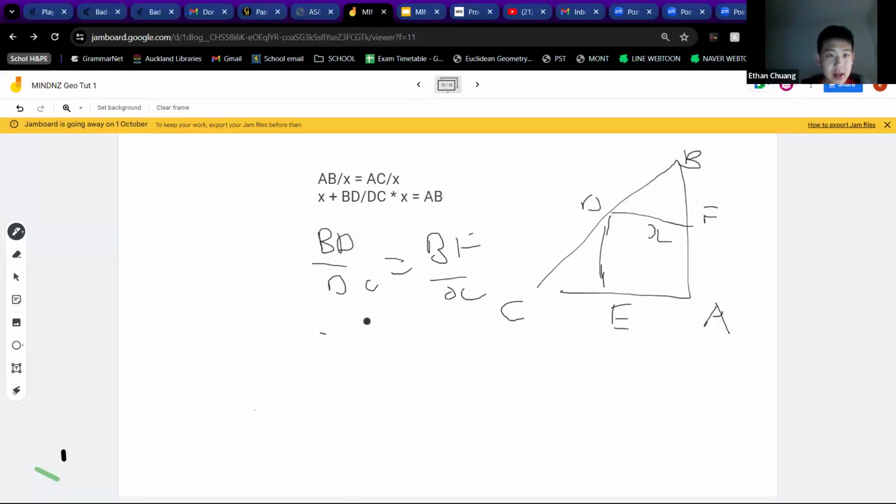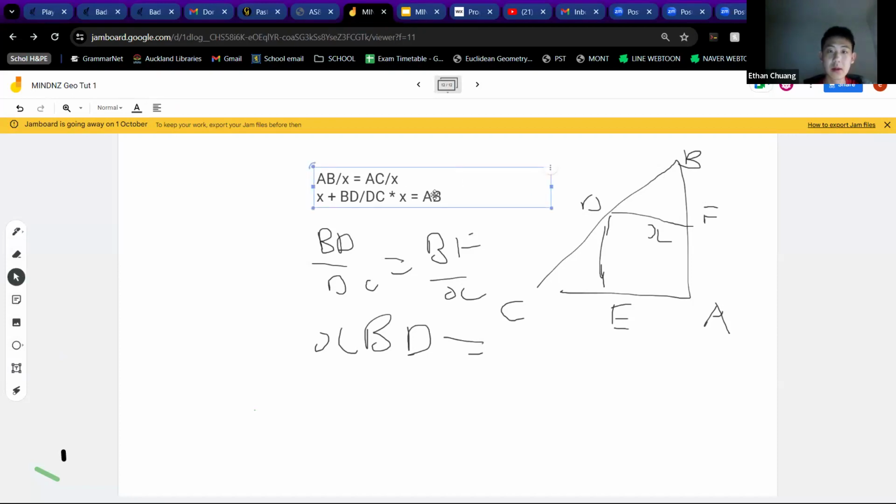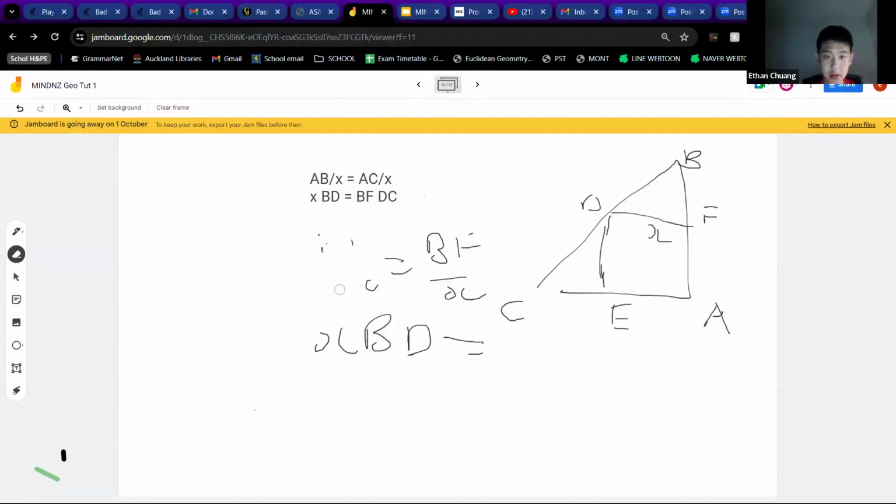So you get X times BD equals, well, maybe I should type this out again. X BD equals BF DC. AB over X and divided by AB to get 1 over X equals something. That's true, yes.